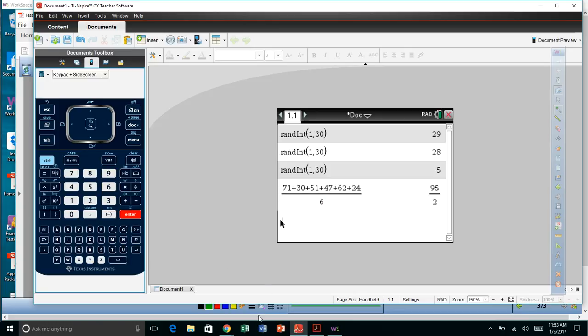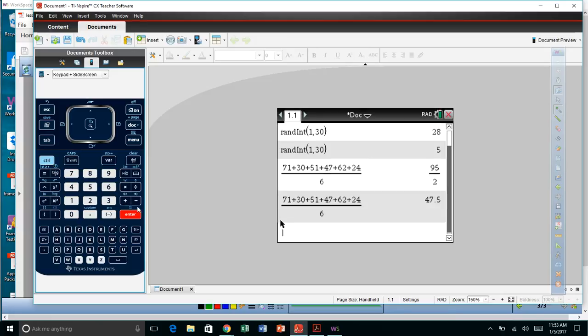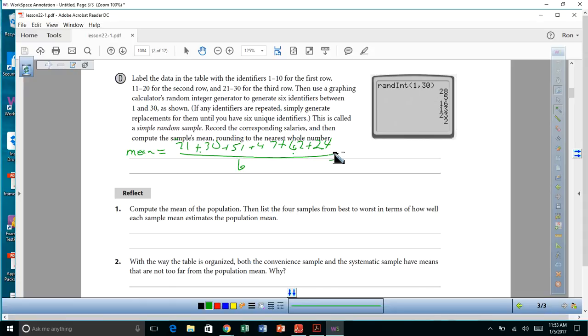And that's going to give us 95 halves. Control, enter, 47.5. So that's the mean.